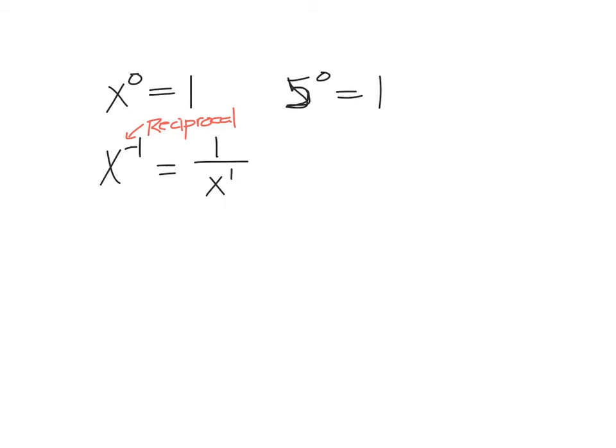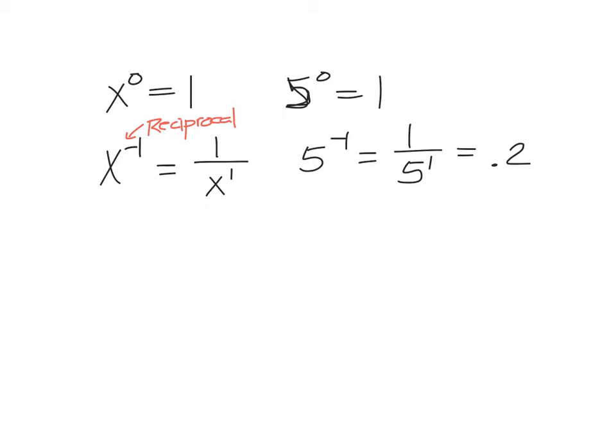Okay, so if we talk about a number, let's say 5 to the negative 1 power, then that becomes 1 over 5 to the first. So that's what it would look like written to a positive power. Now, if you think about that in terms of a numeric value, what's 1 divided by 5? That is 0.2.